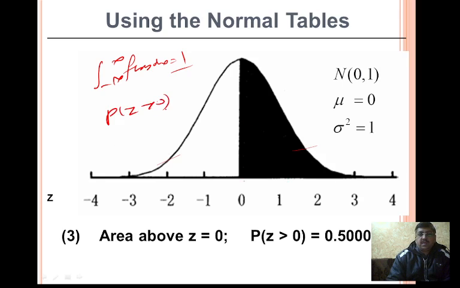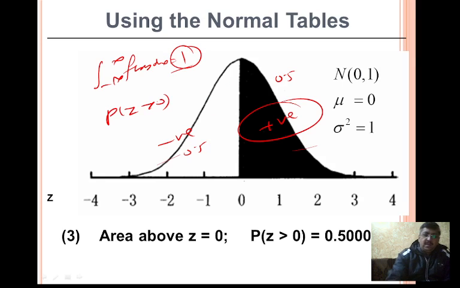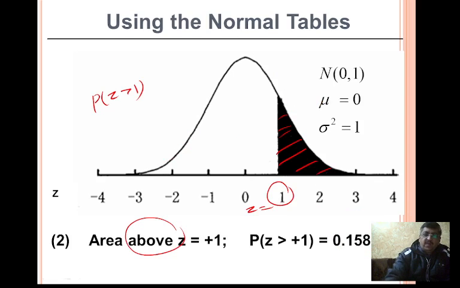That means after this point, the entire positive axis will be 0.5, and similarly the entire negative axis will also be 0.5. That 0.5 and 0.5 will sum together and give us the value 1, right? I believe you don't have any doubt about this 0.5, but you might be curious why 0.1587 and so on.